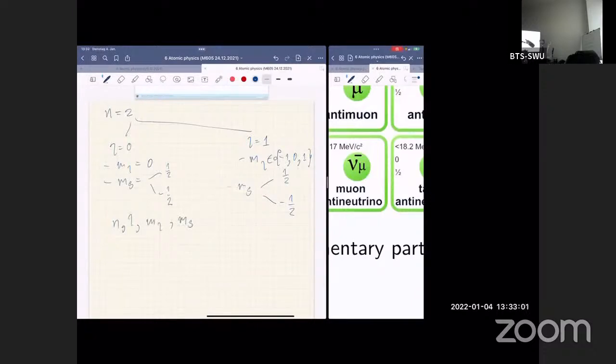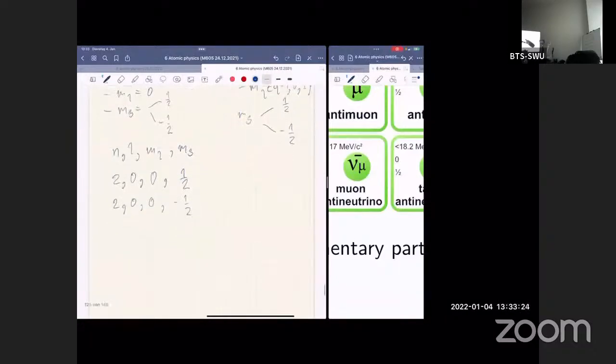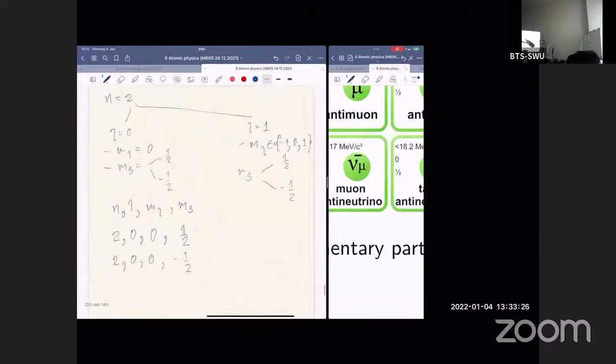N could be 2, so you have 2, L is 0, ML could be 0, and MS is 1/2. And another possible case is 2, 0, 0, -1/2. Okay, and anything else? Nothing more, right?